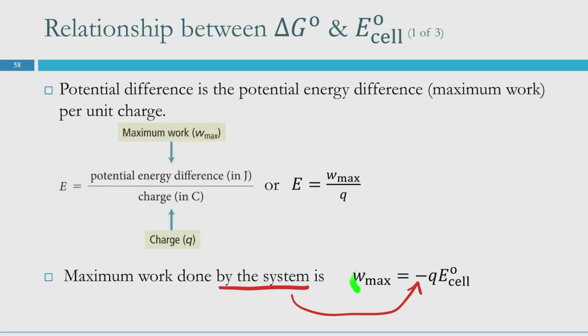So the maximum work that the system can do, it can lose this much amount of work, the charge times the cell potential. And you may remember Gibbs free energy is the maximum available work. It's the maximum amount of energy that we could possibly get out of the system to do work. So we're excluding the heat loss that we might experience.